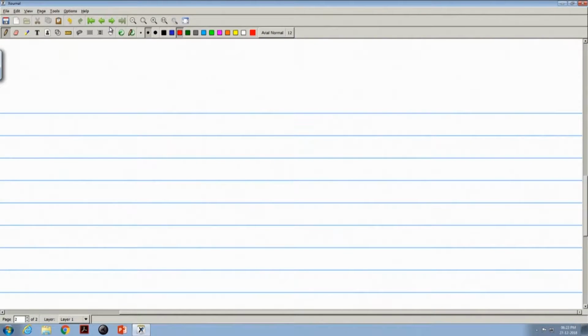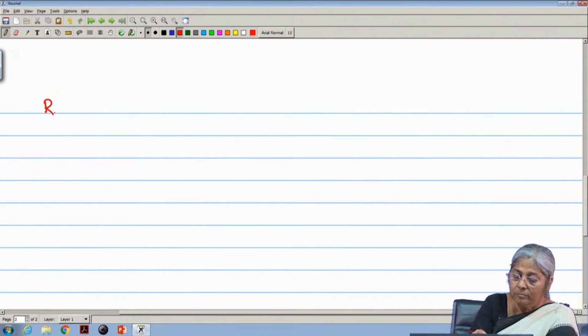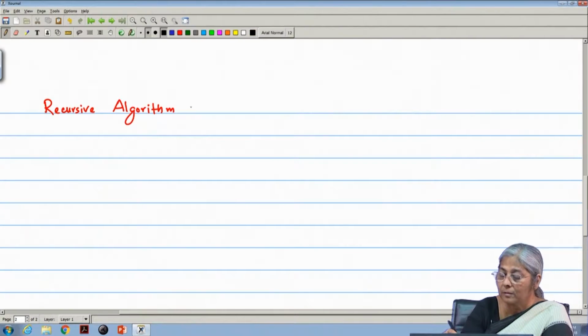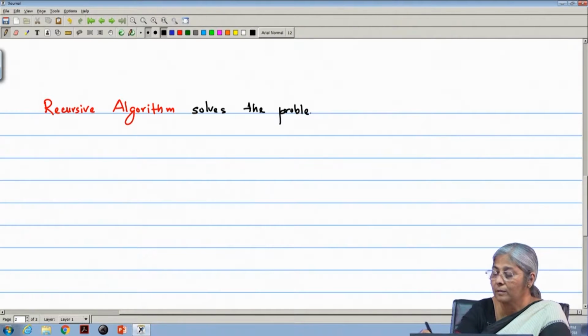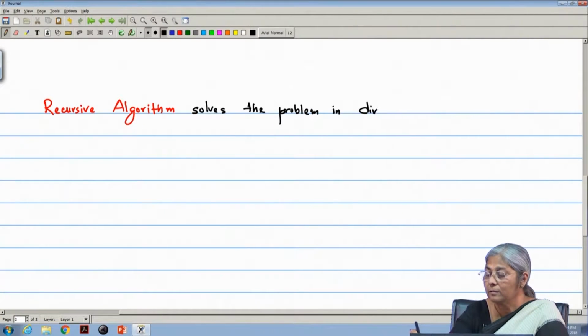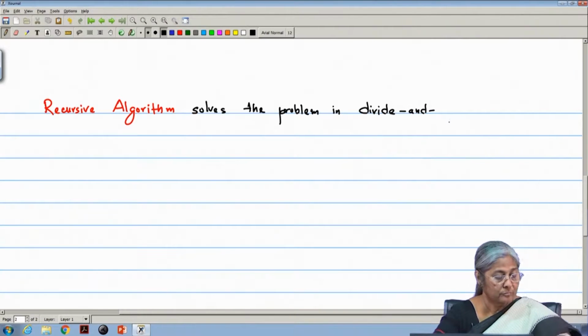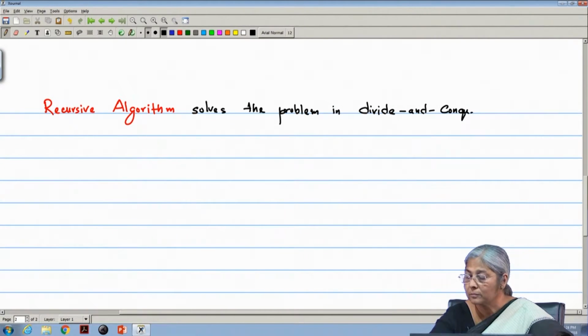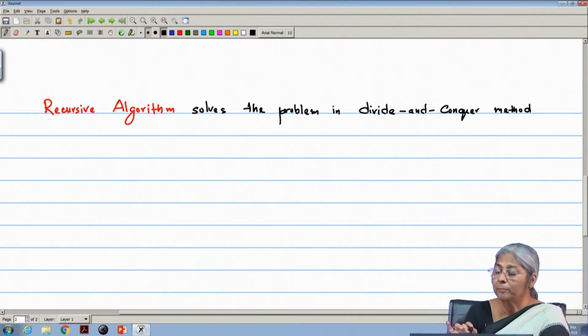So, I can say that a recursive algorithm solves the problem by the divide and conquer method.